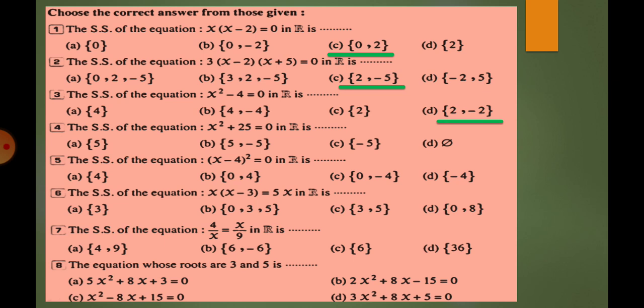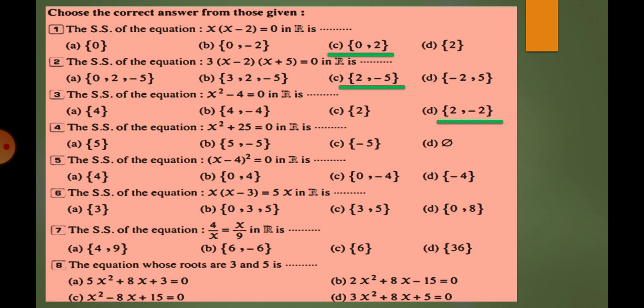The solution set of the equation x² + 25 = 0. We can't factorize x² + 25 = 0, or we can write x² = −25.